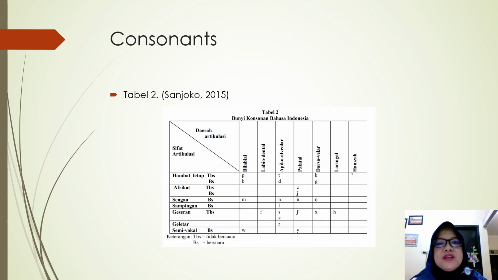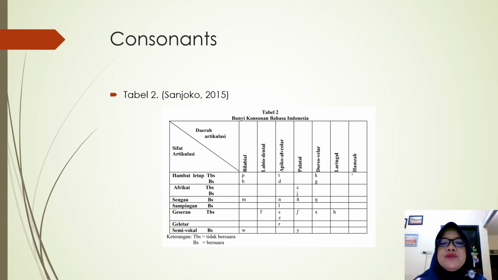The articulatory characteristic of consonants can be seen in table 2 here. These 23 consonant sounds and 10 vowel sounds are the basis for analyzing and describing Indonesian phonemes. Table 2 shows that Indonesian has 23 consonant sounds that I have mentioned before.